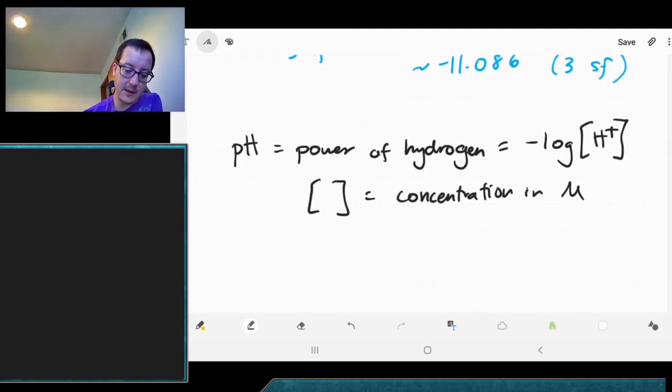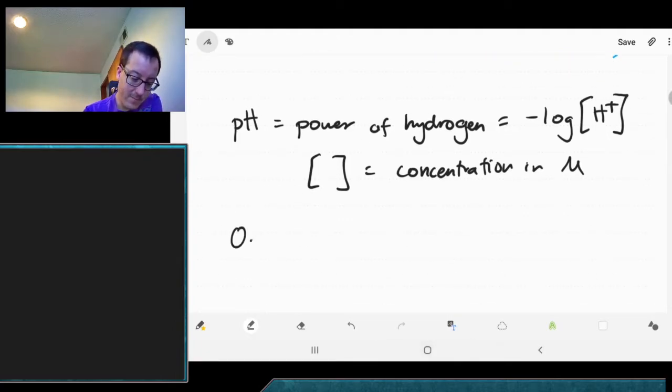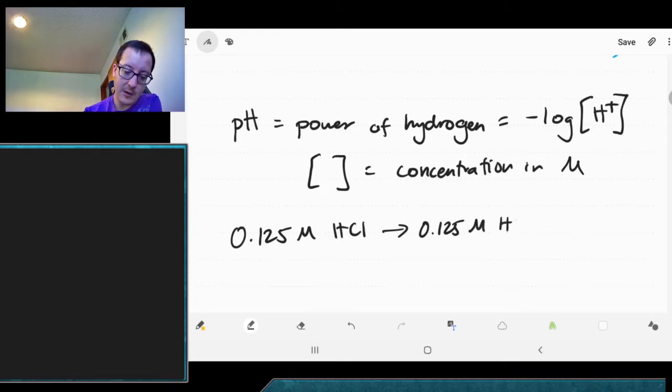And so we're going to see that, for example, if we take a sample of 0.125 molar HCl, we know HCl is a strong acid, so HCl will break up entirely into its ions as a strong electrolyte, and therefore we can figure out what the pH of this solution is going to be.